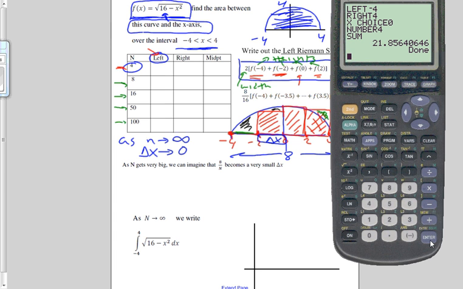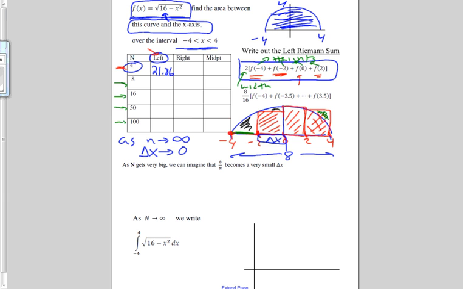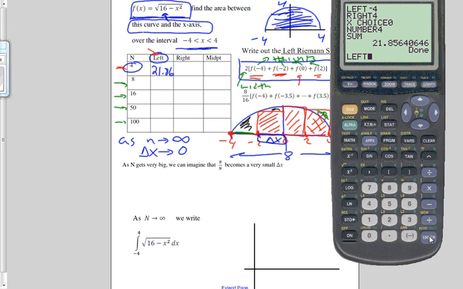So we get one approximation for the area. Well, what if I did a right bound? It's going to look very similar. I press enter, and it shows up again. My left bound is again -4, my right bound is still 4, coming from my bounds here. Since it's a right bound, my x choice is 1.